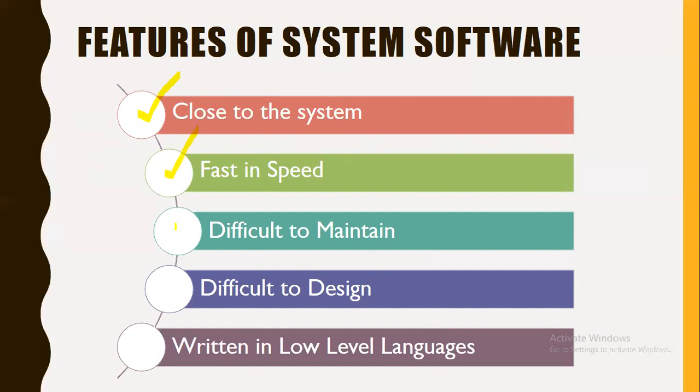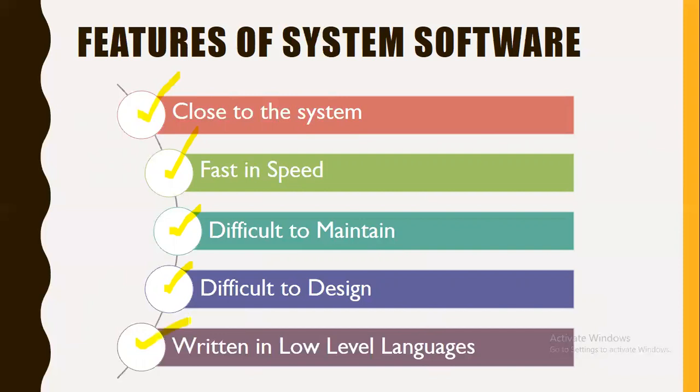We can work very quickly by using these system software. They are difficult to maintain. We need in-depth or detailed knowledge to maintain these system software. They are also difficult to design. We have to be a computer expert in order to design system software.